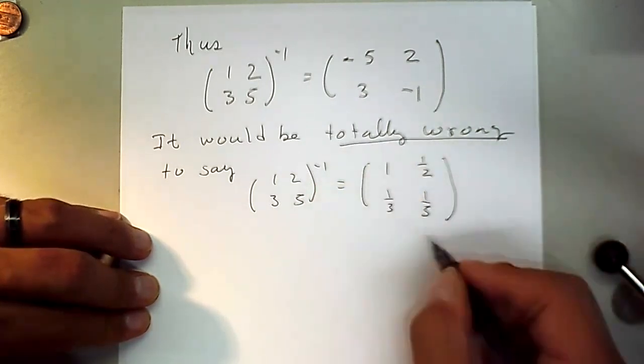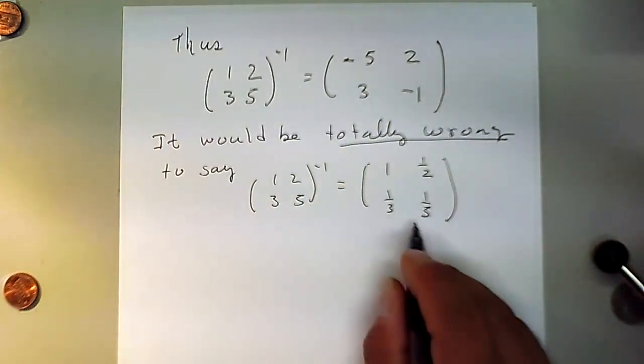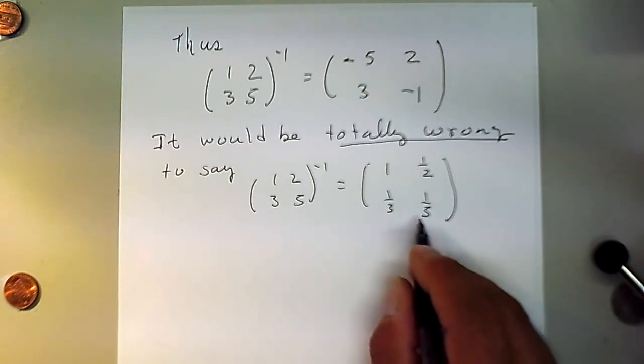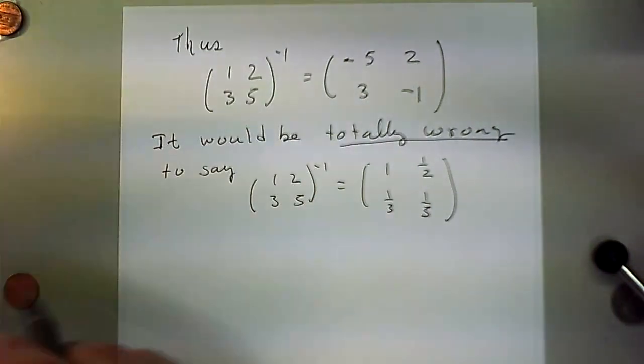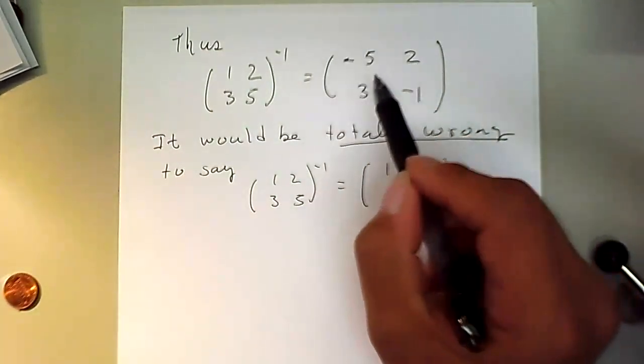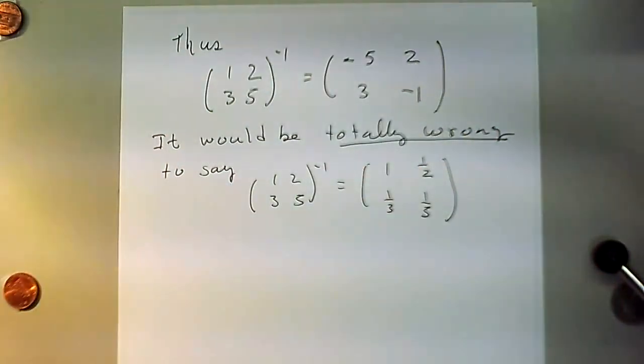Totally wrong. Don't. That is a joke. If you did that, either you're joking or you don't know what's going on. There's a process to figure out the inverse, and we're going to get into how to find inverses in more detail later.